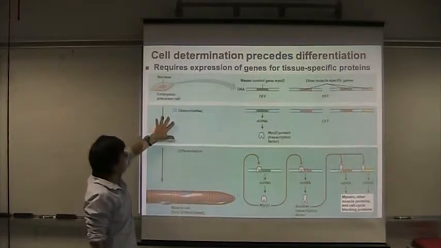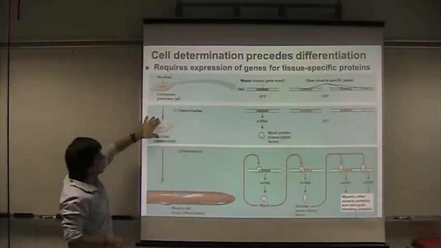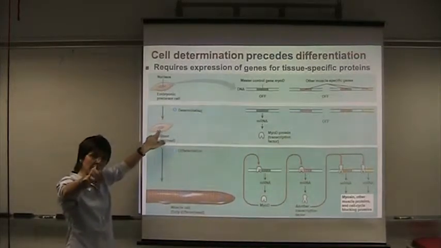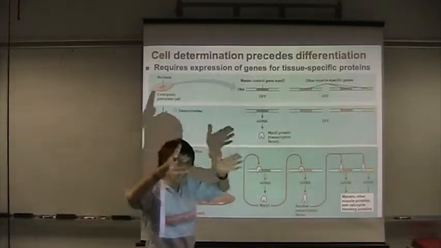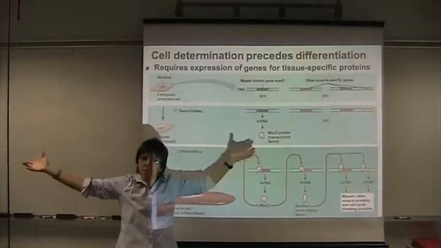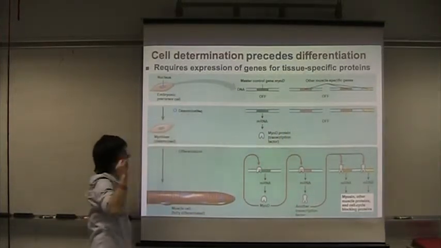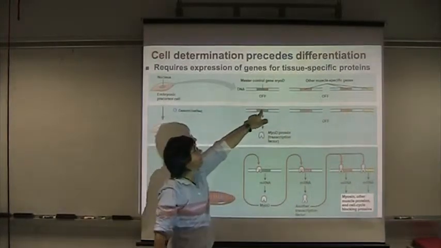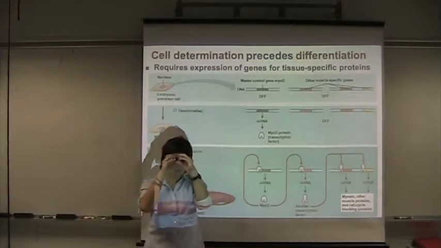Once your cells get a signal, here is an embryonic generic cell, and it gets a signal somehow that says, you need to start thinking about becoming a muscle cell. That moment, when they receive the signal that says you are going to become a muscle cell, just like the decoy determines head from tail, that determination process is going to turn on this master regulatory gene in this baby embryonic cell.